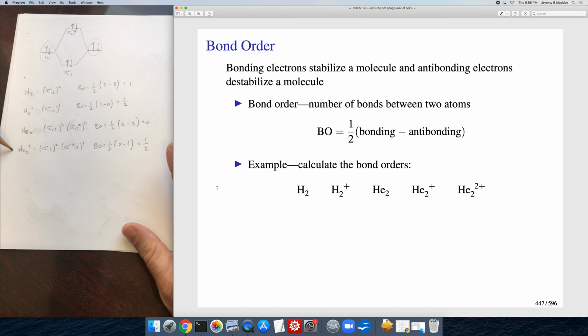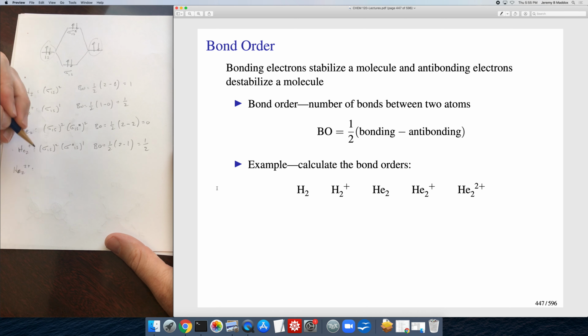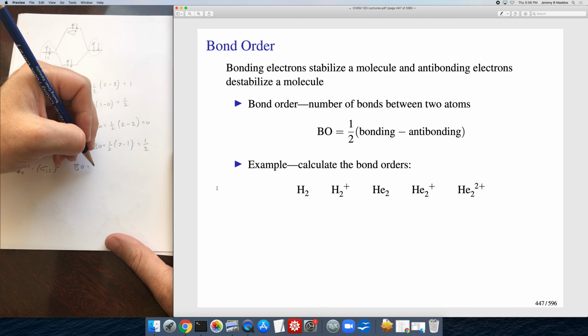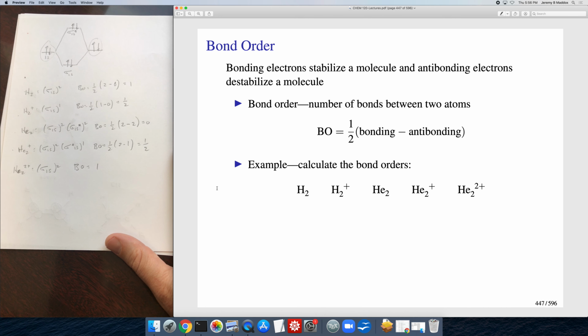Okay, it will have a bond order of 1/2, which means it's weak, but there's still a covalent bond there. And if you were to make the doubly charged cation, sigma 1s2, well, that's going to give you back a bond order of 1. So there's going to be a full sigma bond between the two helium atoms in the doubly charged cation. Okay, so this is going to be a stable cation.